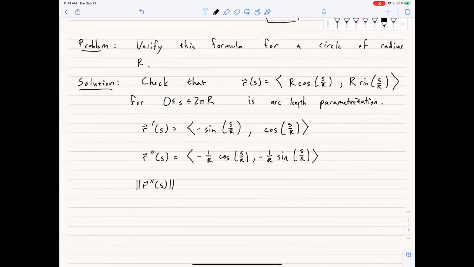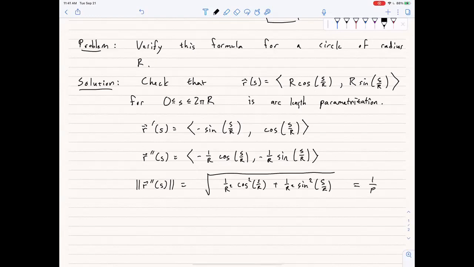Okay, so now if we want to take the magnitude of this, of course, we just take the square root of the squares of the components. So I have 1 over r squared cosine squared s over r, plus 1 over r squared sine squared s over r. And then you can pull out the 1 over r squared, but of course you have a square root, so you get 1 over r times the square root of cosine squared plus sine squared, which is 1.